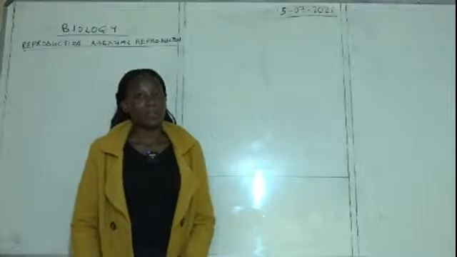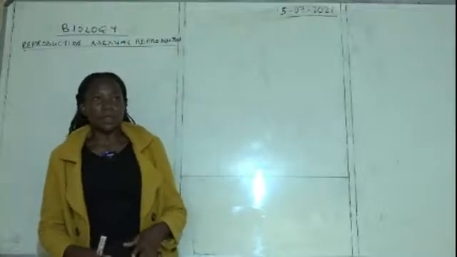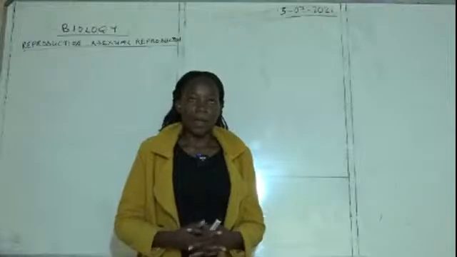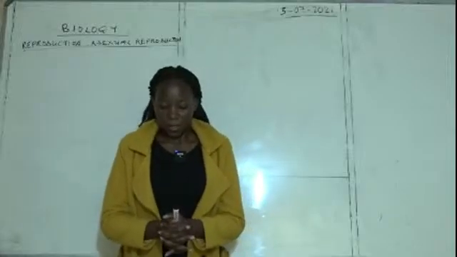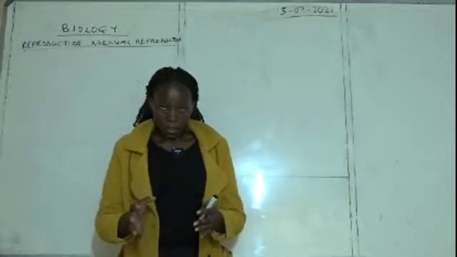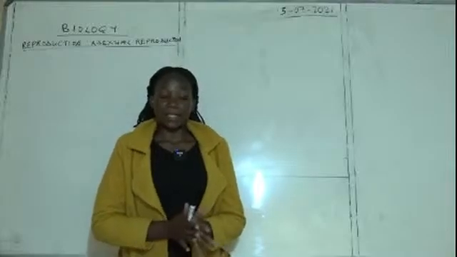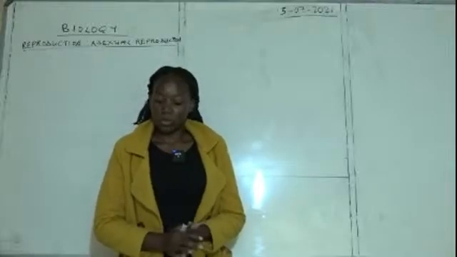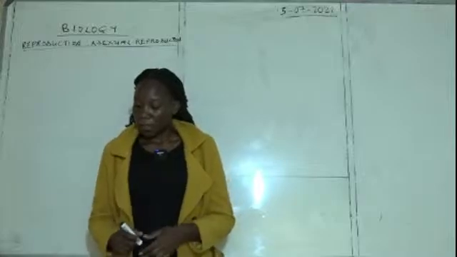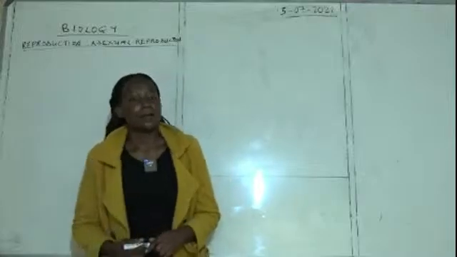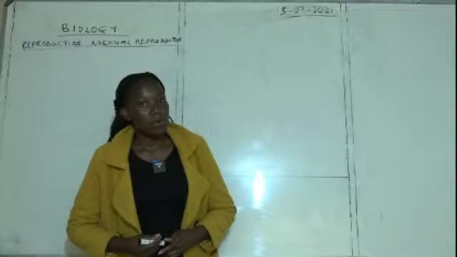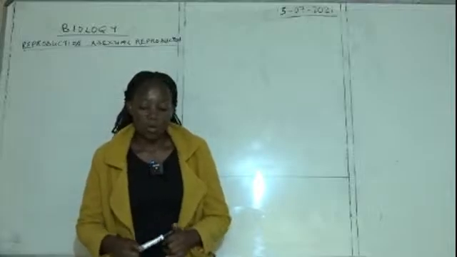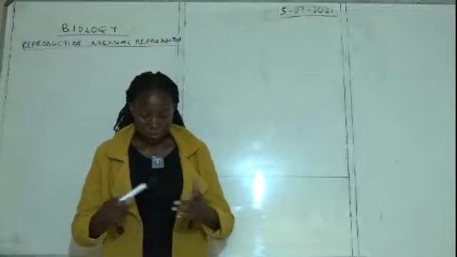We also looked at binary fusion, and in binary fusion we said from one parent cell we produce another daughter cell, and later we have two new daughter cells. Examples are amoeba. Amoeba is a type of organism that undergoes binary fusion to reproduce.